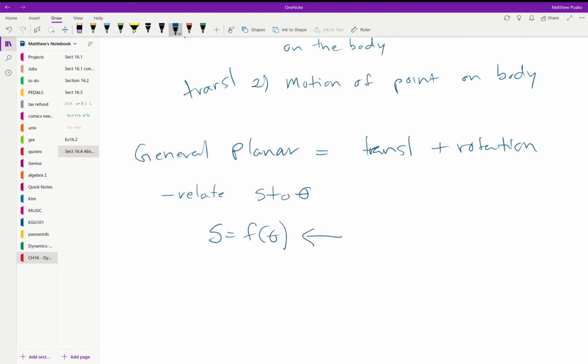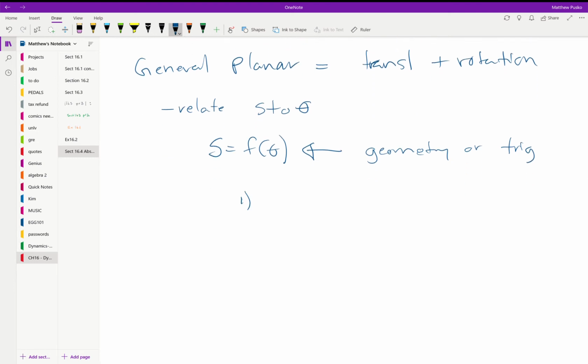To get this, we're probably going to have to use some geometry or trig. And in this case, we're going to use some trig. And then we can get the velocity, the relationship between v and omega as the first derivatives.